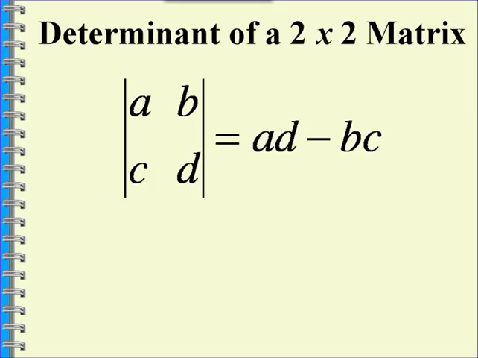Now, how do we find the determinant? The determinant of a 2 by 2 matrix is different from the 3 by 3. A 2 by 2 is the smallest square matrix that you can find the determinant of. All you're going to do is take A times D, which is the first diagonal, minus B times C. A times D minus B times C. So how does that work?